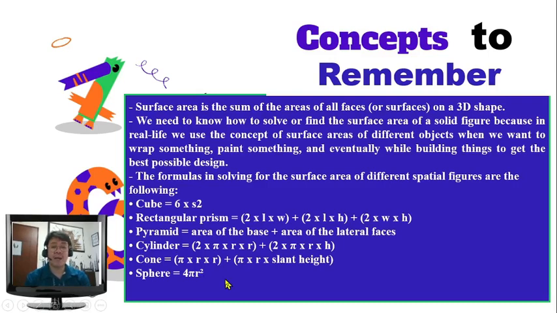Remember that the value of pi is equal to 3.14, and do not forget to write the correct unit. In getting the total surface area of a solid figure, the unit must be expressed in square units. Remember that one.